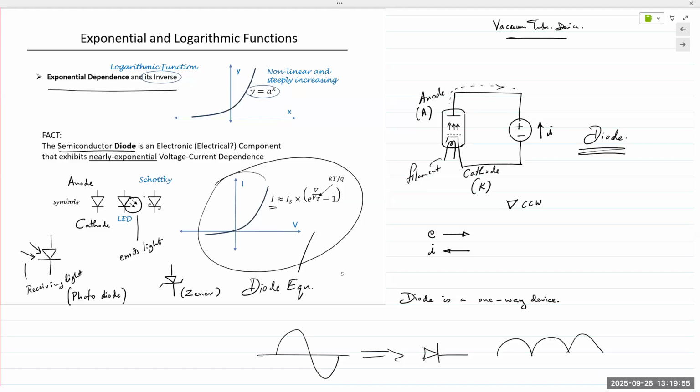Diodes are at the front end. We convert that bidirectional AC into single direction AC. And then there are other applications like clipper circuits, clamper circuits, Zener diode regulators. All of those you will study in 315.